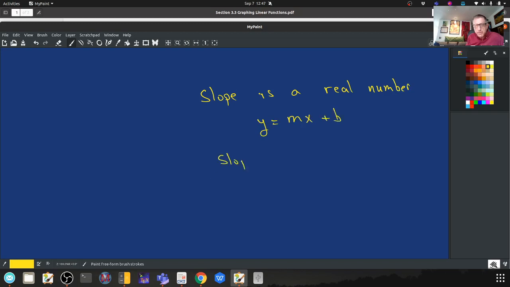Slope is m, not m times x. The x is not part of it. It's this real number m. And b is the second coordinate.